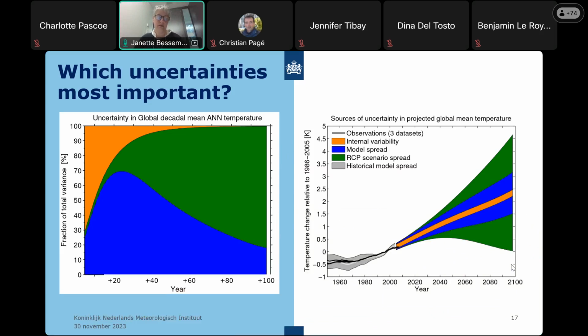But visualizing information can also give different interpretations. On the left side, you see something about the relative importance of the different types of uncertainties: natural variation, uncertainties due to socioeconomic developments, and uncertainties due to the climate system. But if you present the right figure, then you get a completely different interpretation or picture of the importance.